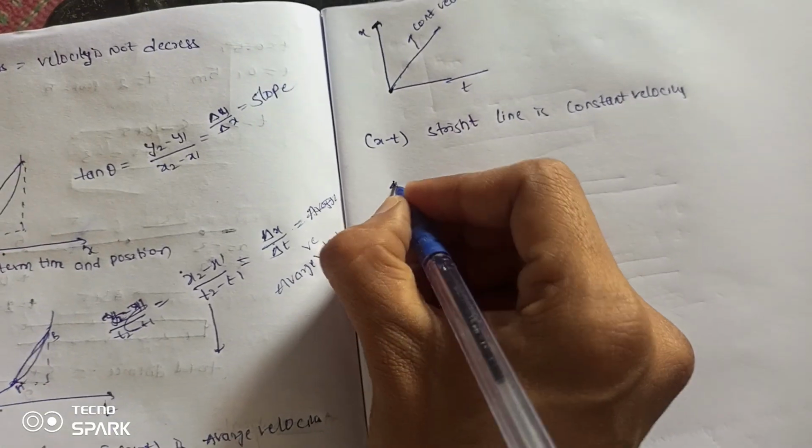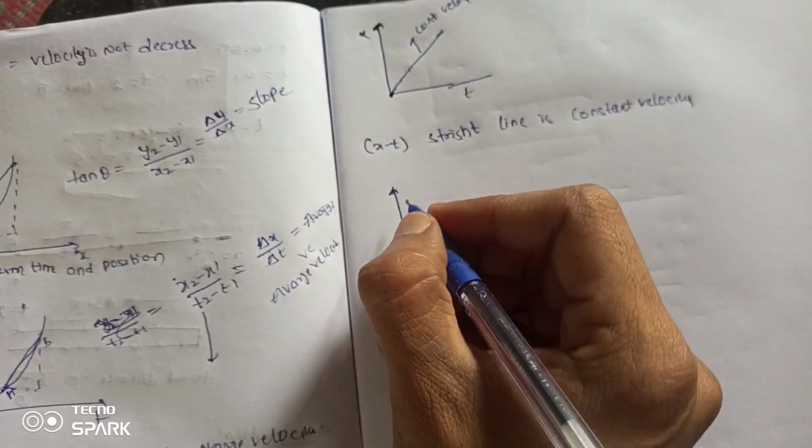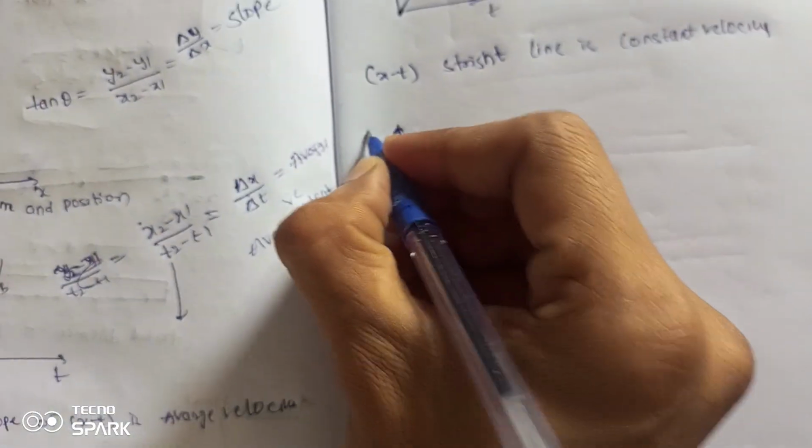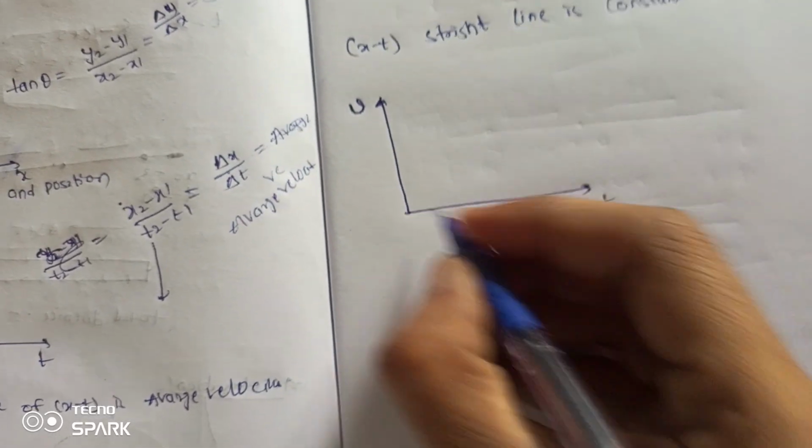And discuss about the VT graph, the velocity and time graph.